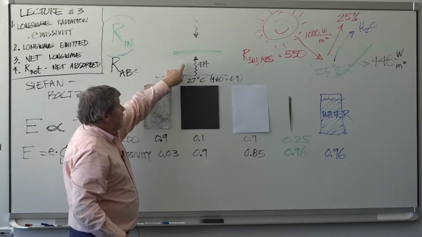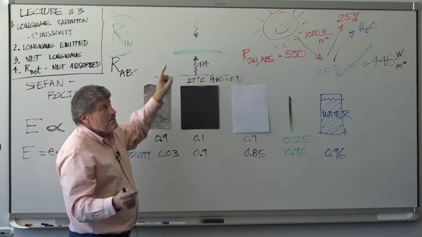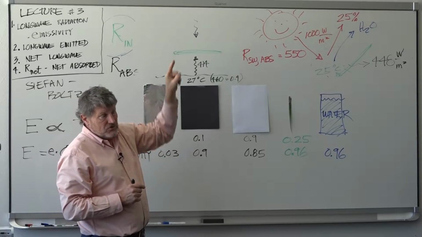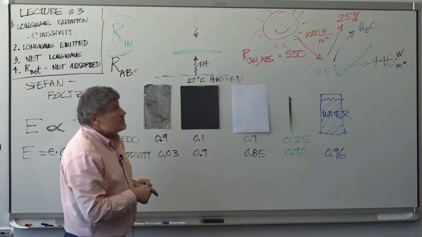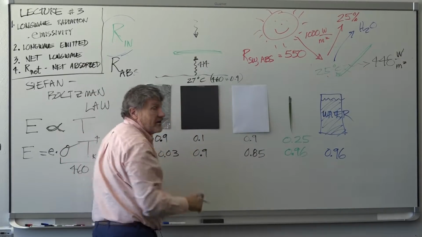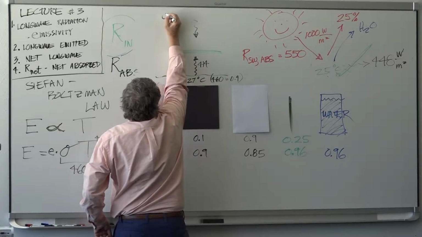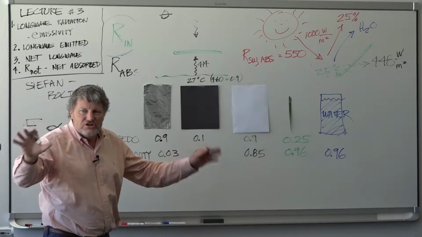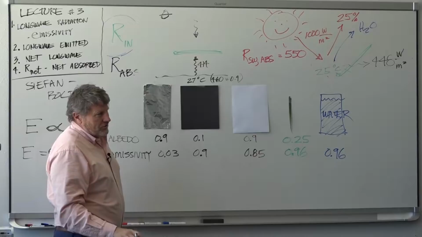But even though the air molecules might be 27 degrees C, the atmosphere is pretty transparent to long wave. And if it was perfectly transparent, like say on the moon, it would be 0. Outer space is 0 Kelvin. It'd be 0, but we don't get 0.